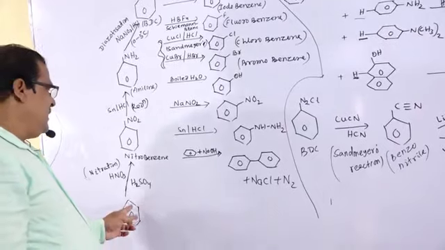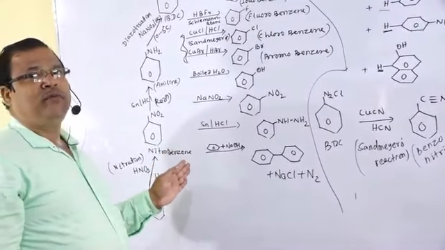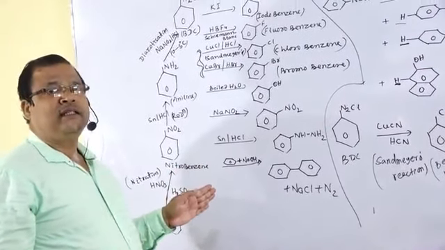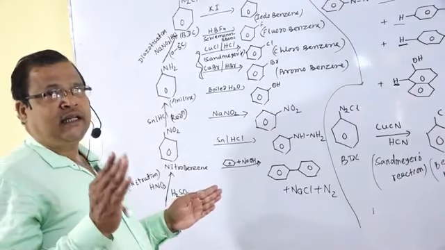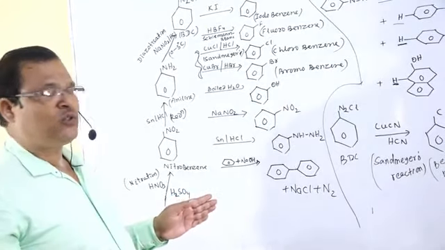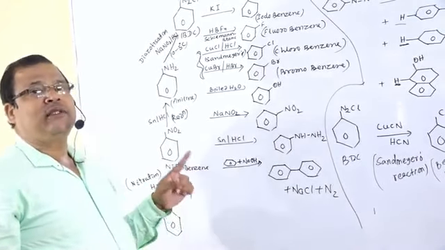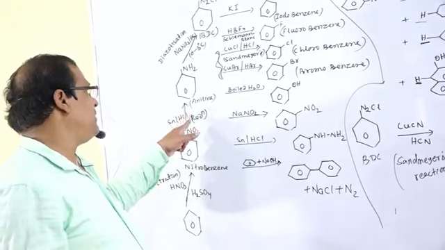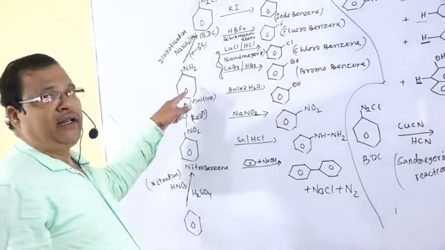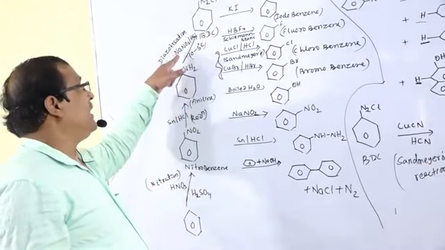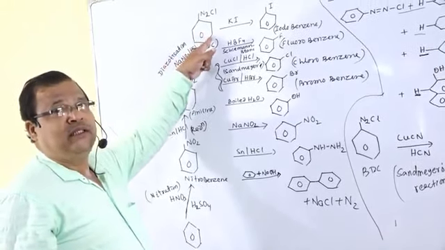So first, benzene reacts with HNO3 and H2SO4 to form nitrobenzene. Nitrobenzene treated with tin and HCl forms aniline. Aniline treated with NaNO2 and HCl forms BDC.